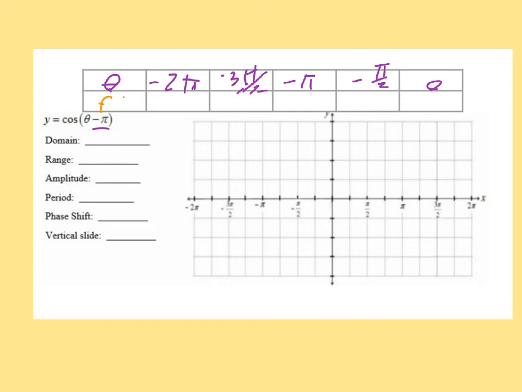Do our outputs, f of x. Well, I'm still going to have my values of 1, 0, negative 1, 0, and 1. So my graph is still going to look something like this, at least as far as the parent function goes.